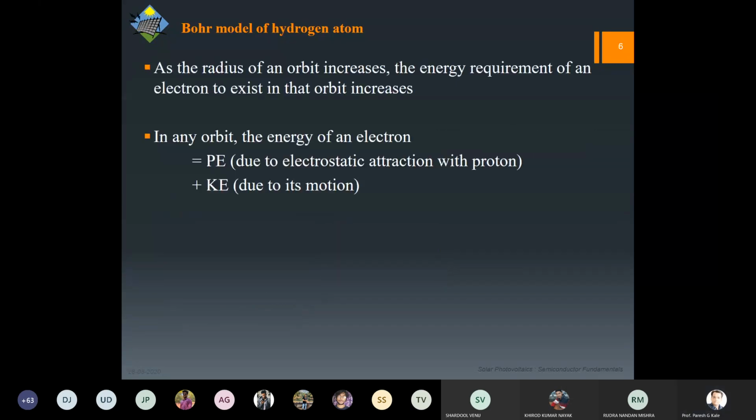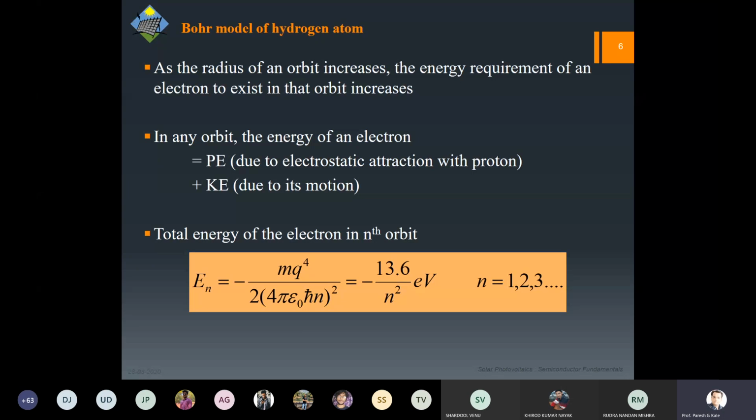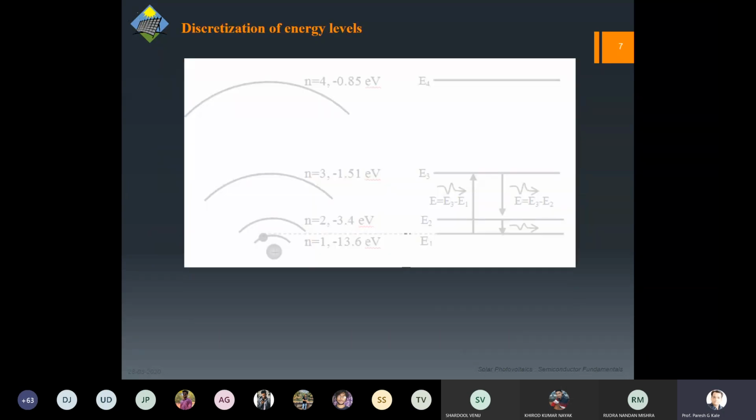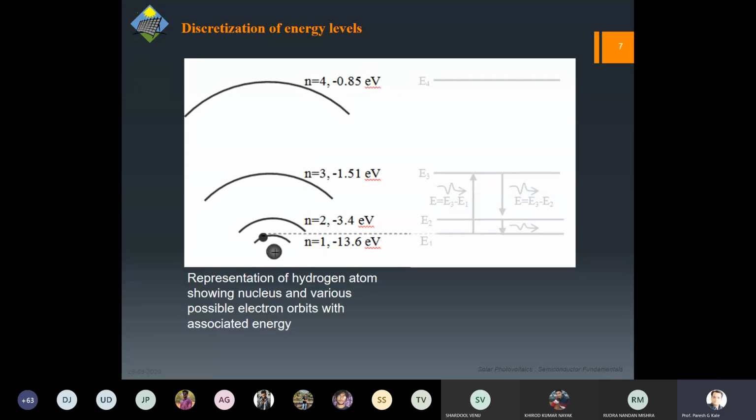Fine. So we'll be solving some numericals, and at that time all these formulas you will be requiring. So when you represent a hydrogen atom, or in general any element, you can see that n goes 1, 2, 3, 4 in integers, and the energy actually is going to decrease. Now the point is why there is a negative sign.